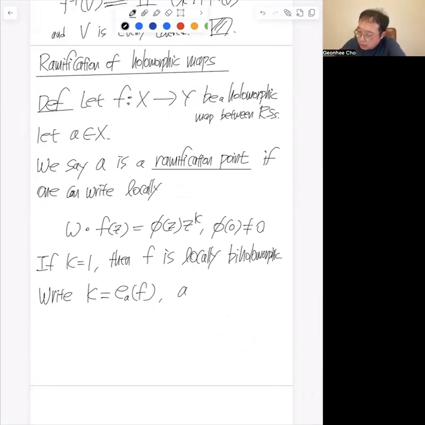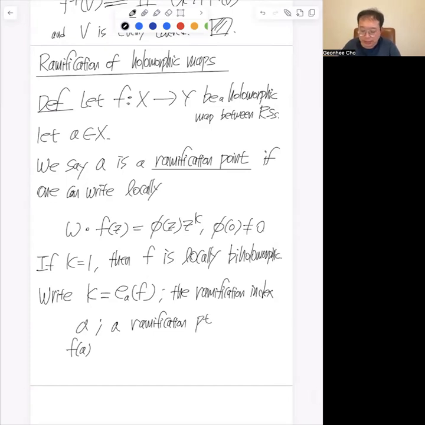This a, as we said, is a ramification point, and I just want to name each of these terms. This e sub a is called the ramification index, a is a ramification point, and lastly this function value is called either a branch point or branch value.